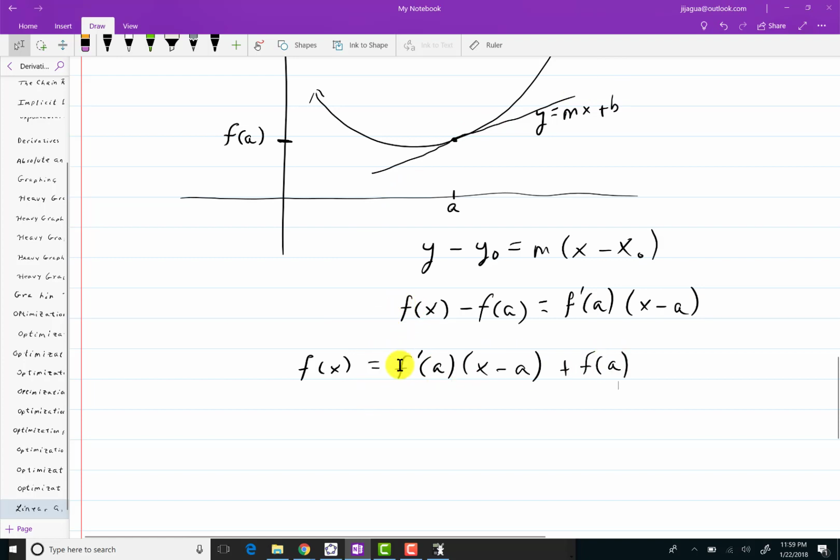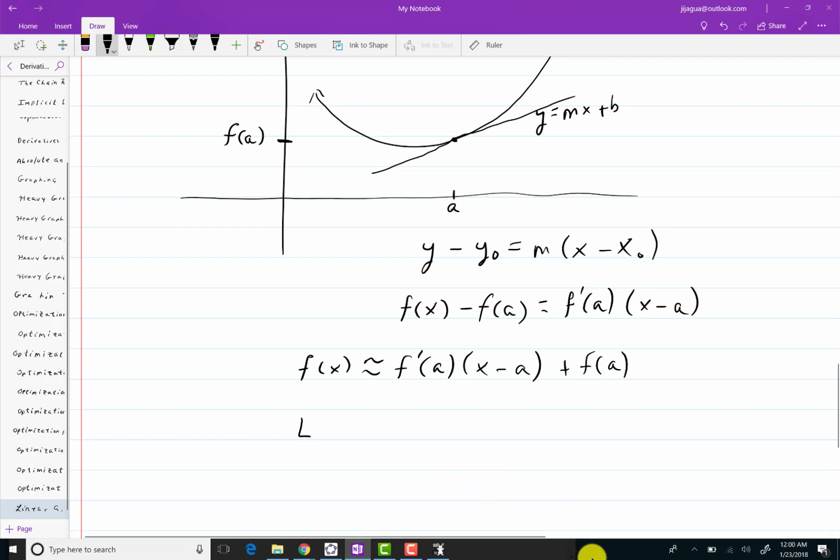This here is still an equation of that line. There's the m, x minus a, plus, if you want to think about it as b, but it's probably not going to be b. But even so, it takes the same format as a slope intercept format. So anyways, actually what we should probably put is this, an approximation.